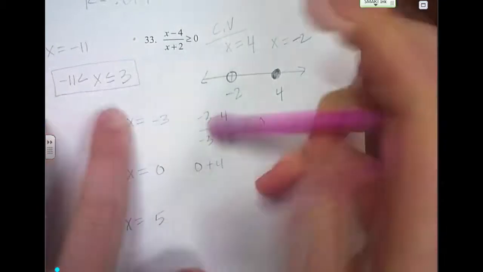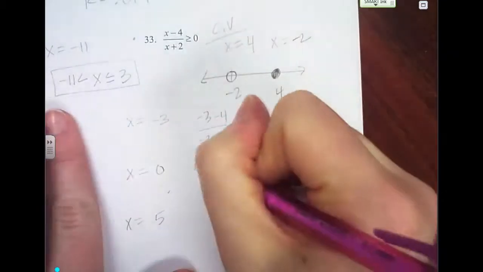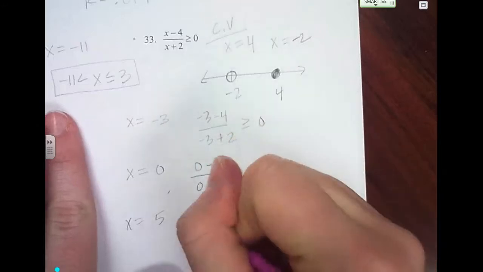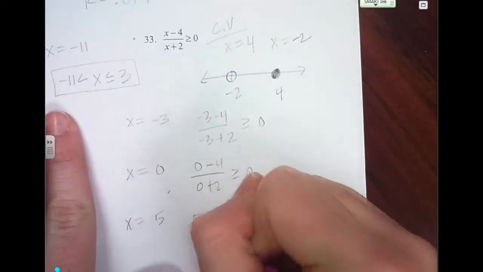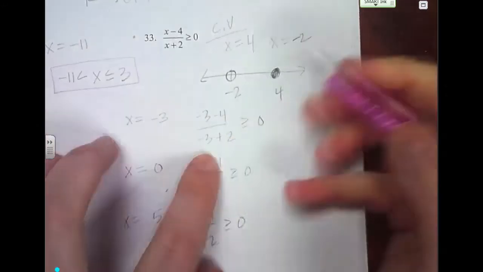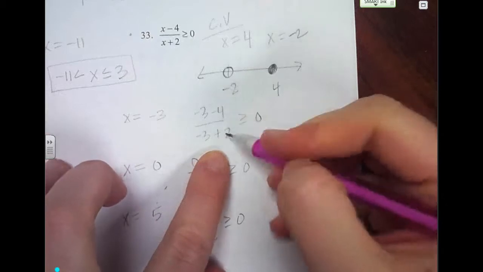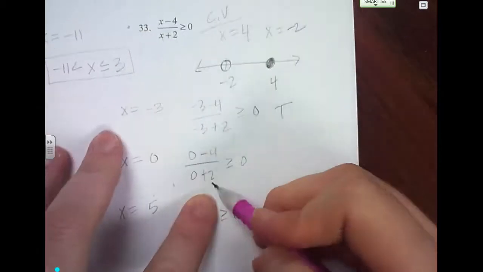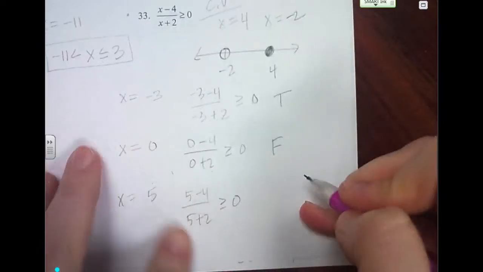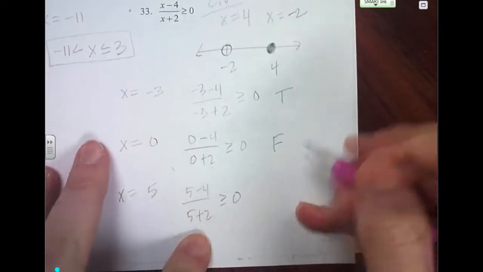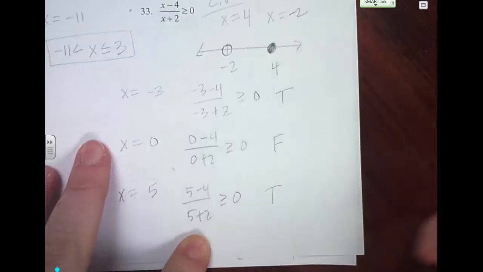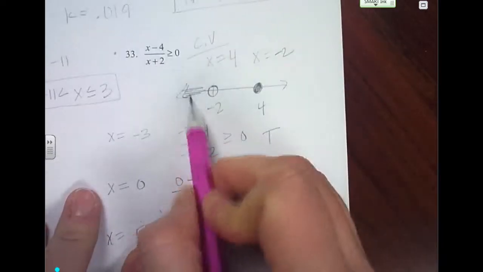So I'll go ahead and fill in the others, 0 minus 4 over 0 plus 2, and 5 minus 4 over 5 plus 2. So this one would be negative 7 over negative 1, which is positive. That's true. Negative 4 over 2 is a negative. That's false. And 1 over 7 is true. So the outer edges get shaded.